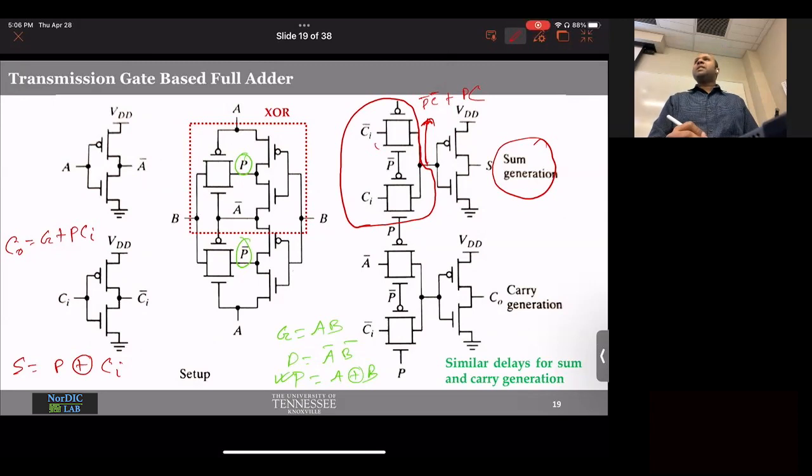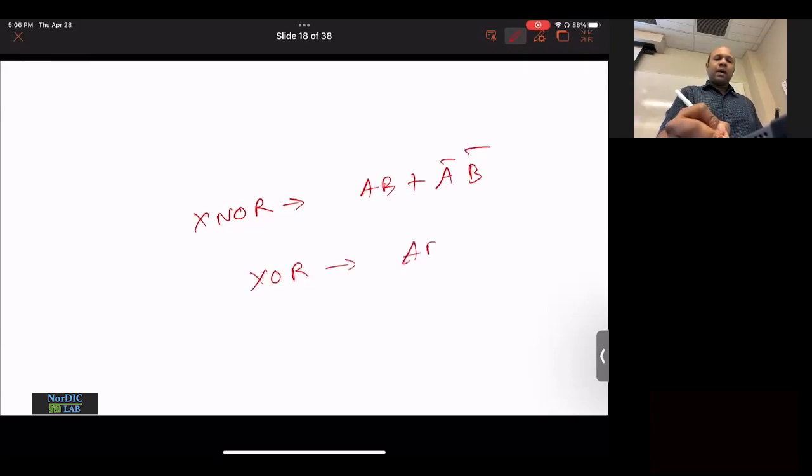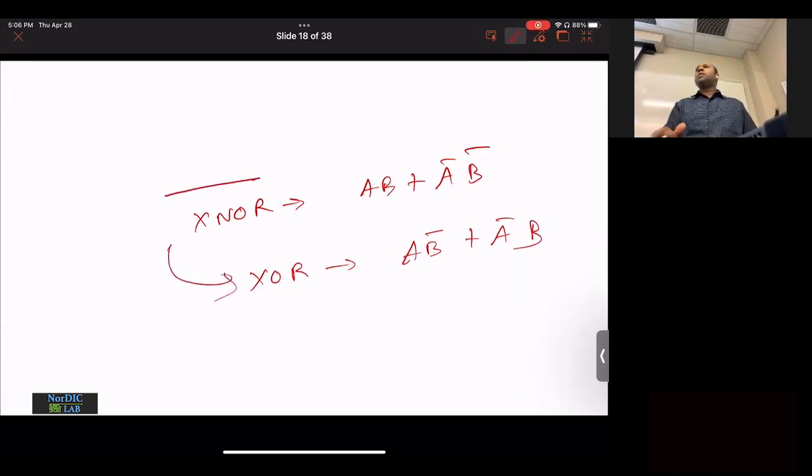P bar C bar plus PC is nothing but XNOR. How many of you remember the XNOR operation? XNOR is AB plus A bar B bar, and XOR is AB bar plus A bar B. We have used that before. And if you take the complement of XNOR, you get XOR. They're just opposite to each other.